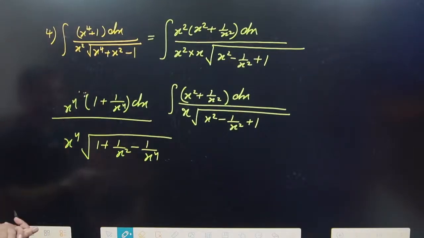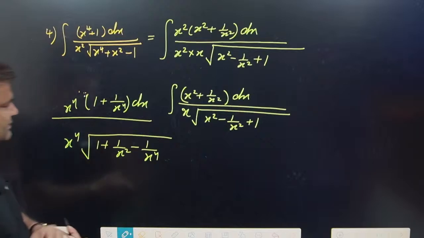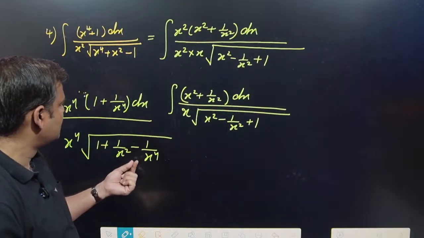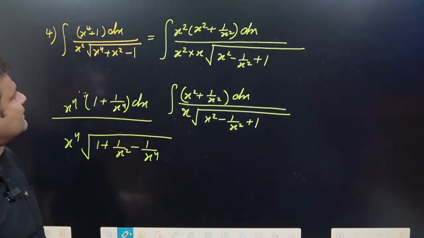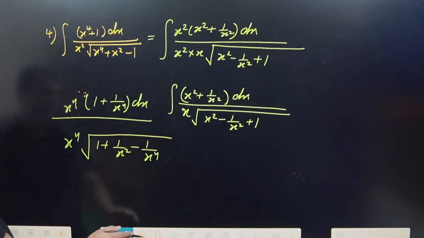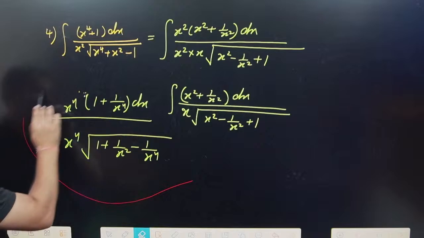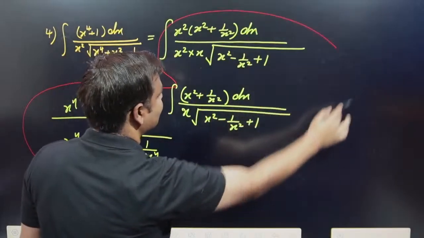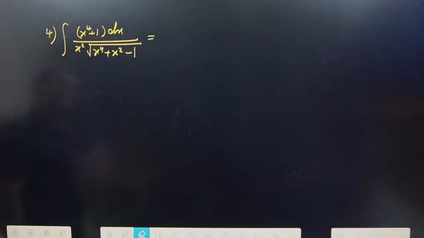This one cancels. After that, if this one is taken t, no, this one is not dt. Wait, is this question right or wrong? Here x to power 4 plus 1 upon x square into under root of x to power 4 plus x square minus 1.